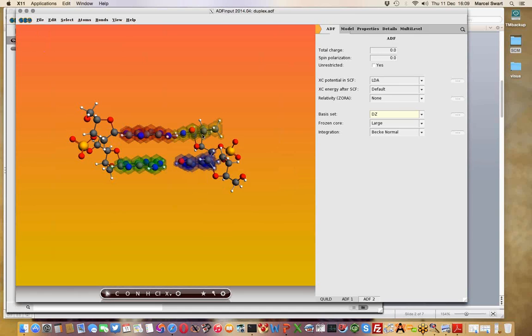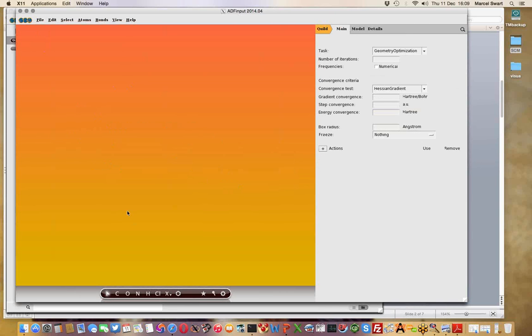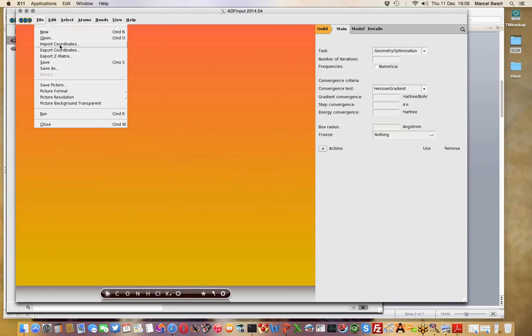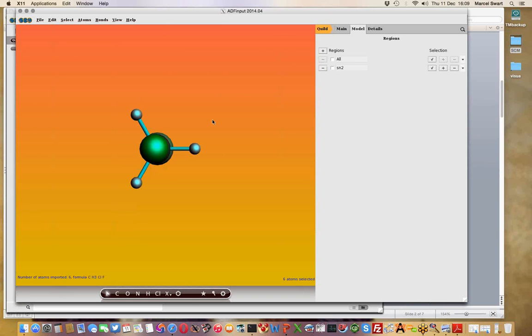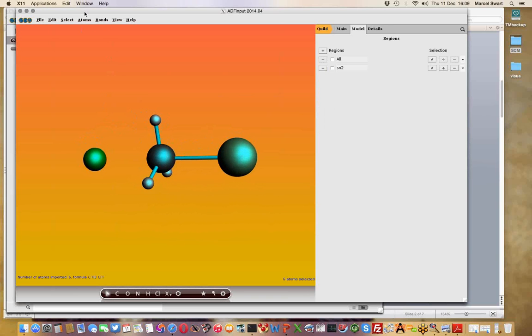Another thing which is also very good with QUILD is that you can actually do transition state optimizations. So again, taking some example from the work we have been doing in Amsterdam.